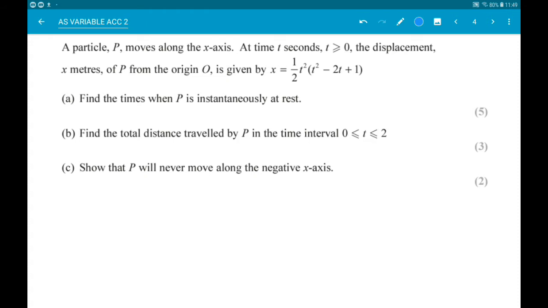So x can be written as 1/2 t squared, and now the other quadratic factorises to (t minus 1) squared.